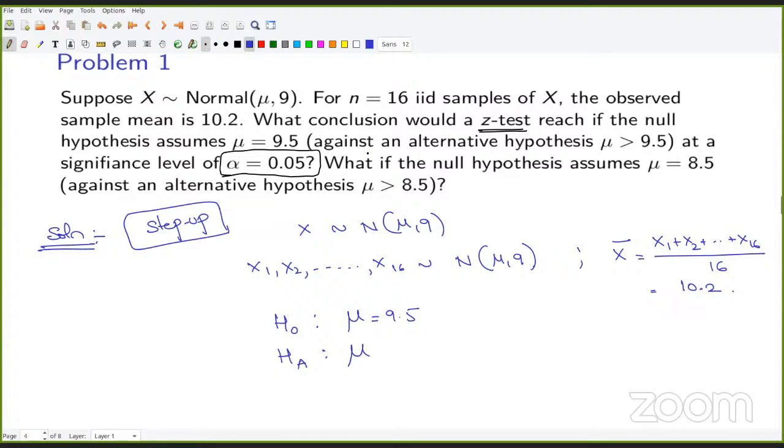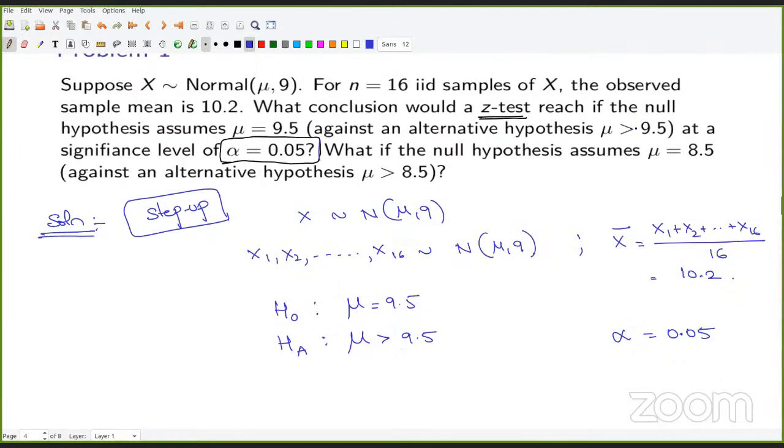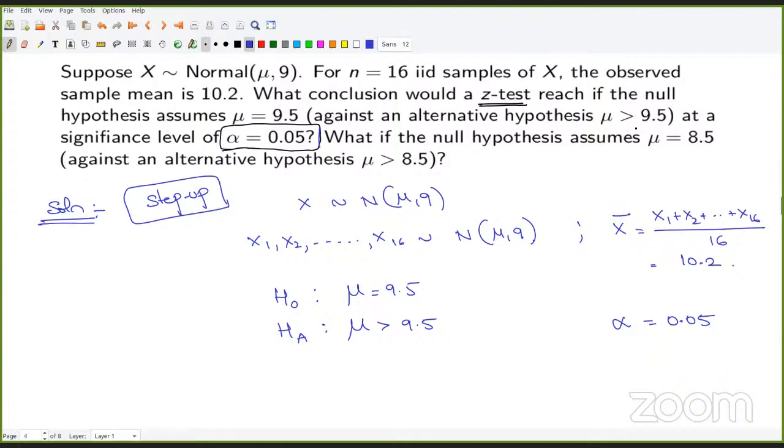The alternative hypothesis is mu greater than 9.5, at a significance level of alpha, which is also given to us as 0.05. This is the first question. And the second question is, what if the null hypothesis assumes 8.5? So that is the second question. This is the first question, we will try to solve it. What conclusion? Conclusion means whether you are going to reject H0 or accept H0.